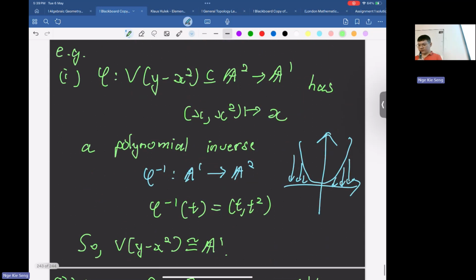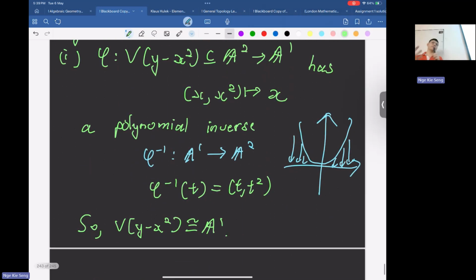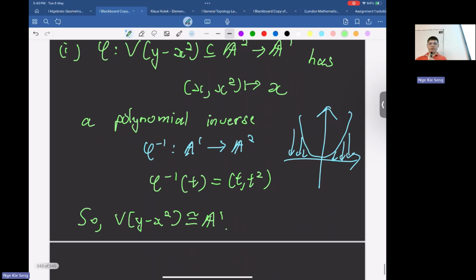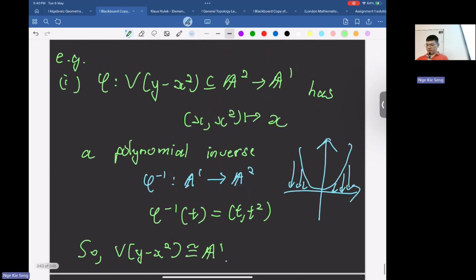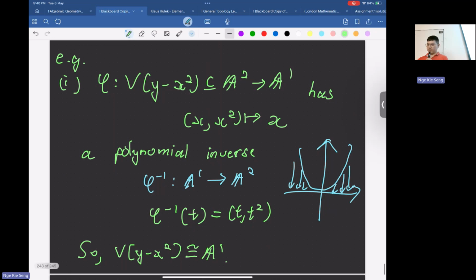So let's go back to this for a while. Just now we said that if you have an isomorphism between varieties, you will have an isomorphism between K-algebras. So what's the K-algebra on both sides here? We call this phi already. Is it the correct function we want to consider?